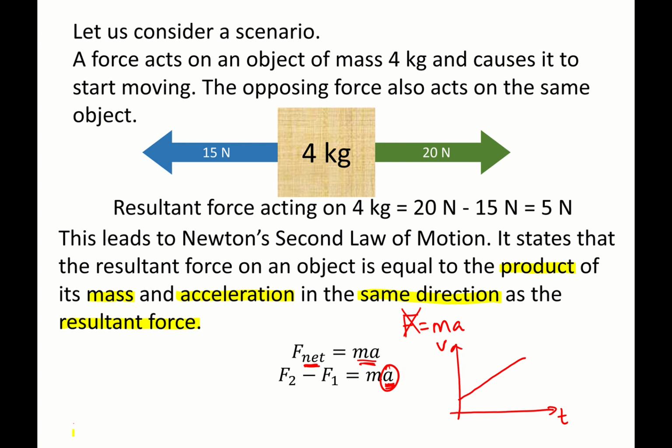But under Newton's law, it helps you to explain why the object is moving in the first place. Because the resultant force is greater than zero, that's why there's an acceleration. I say again, the resultant force is greater than zero. That's why there's an acceleration.